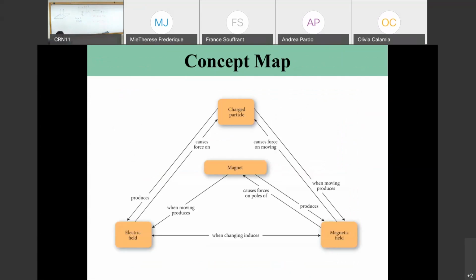It's another concept map here. All right? With a magnet, charged particles, magnetic field, electric field. Okay? Remember, changing electric field induces a magnetic field and vice versa. Nothing is constant, like you know from physics.